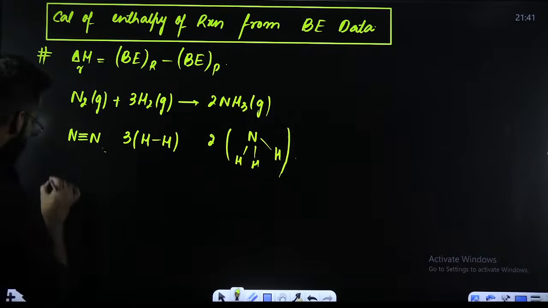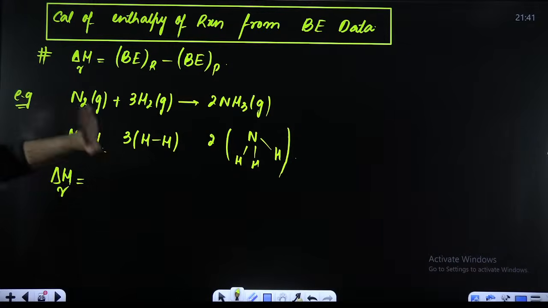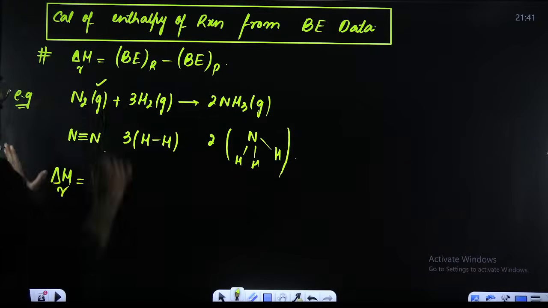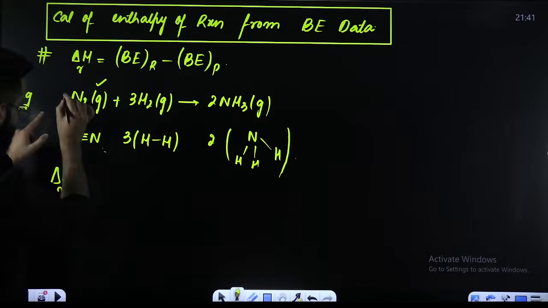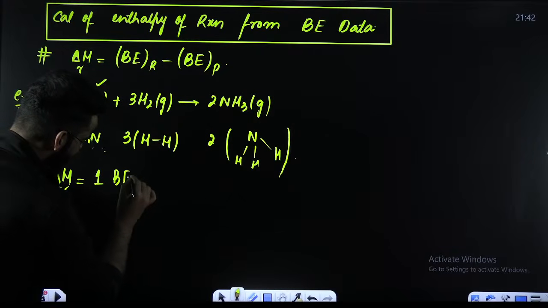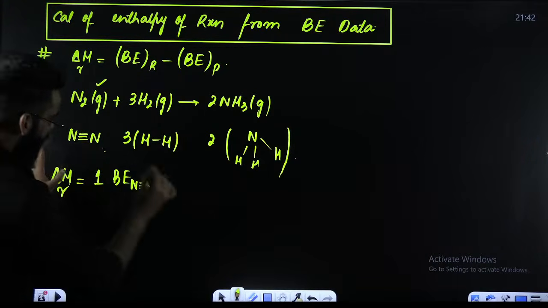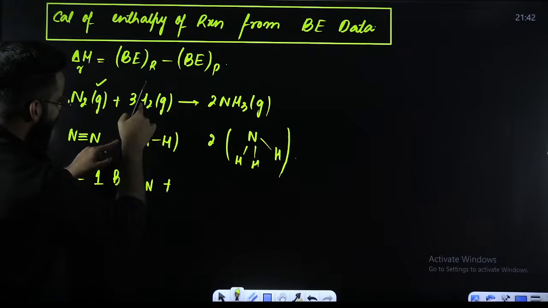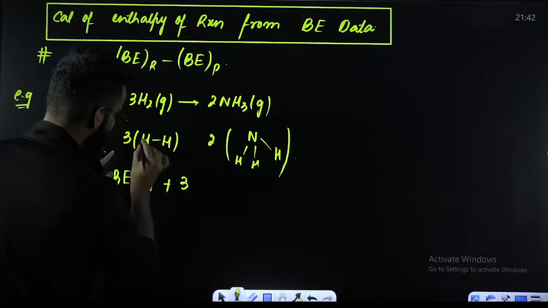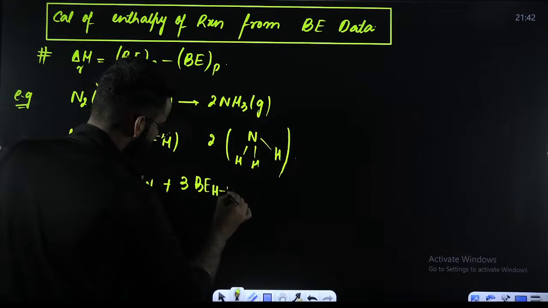Now, my dear students, the enthalpy of the reaction is equal to the bond energy of reactants minus the bond energy of products. I'll start with the reactant N2. What about its stoichiometric coefficient? 1. And then the energy needed to break the N triple bond N. Perfect. Now go towards your H2. The stoichiometric coefficient is 3, and this bond we have to break: the energy needed to break the H-H bond.